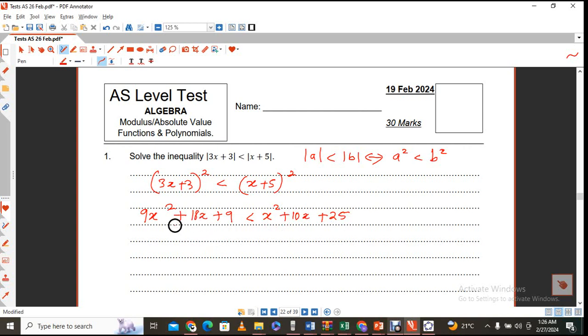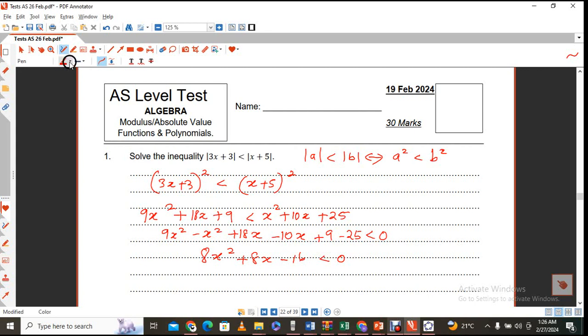Okay, so let's just rearrange this. This is 9x squared minus x squared plus 18x minus 10x plus 9 minus 25. That is obviously going to be less than 0. So again, if we clean this up, you have 8x squared plus 8x minus 16 is less than 0.